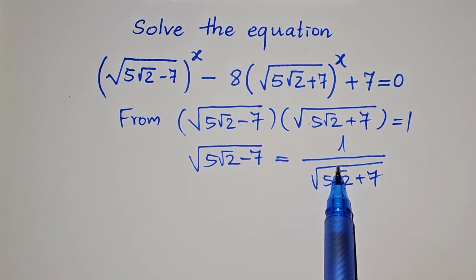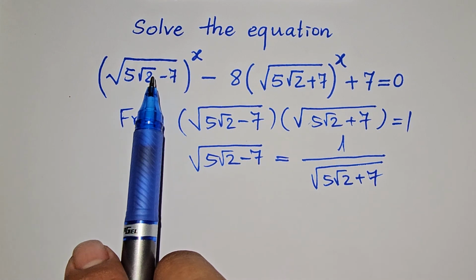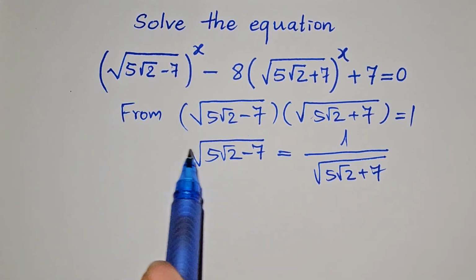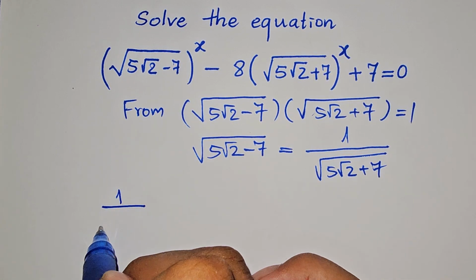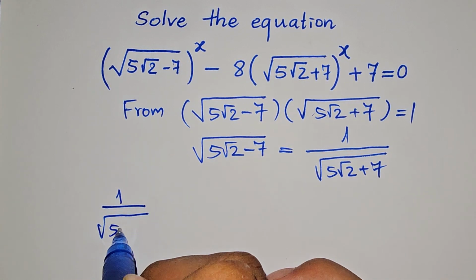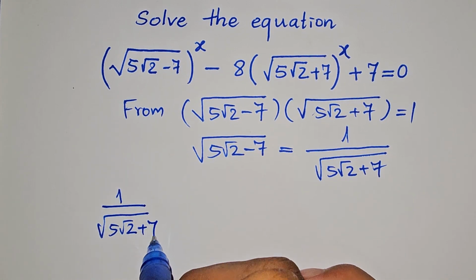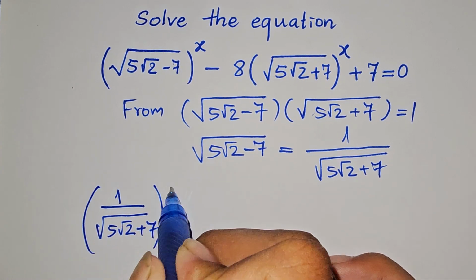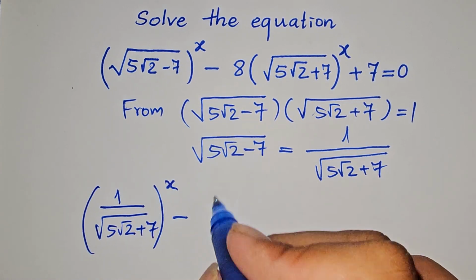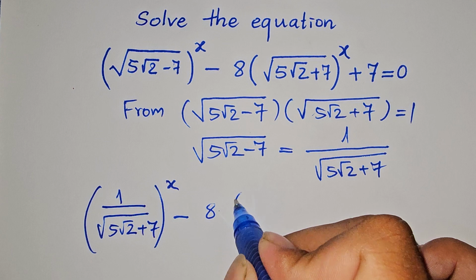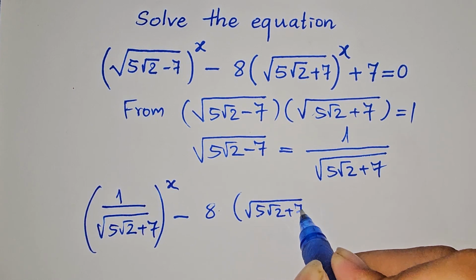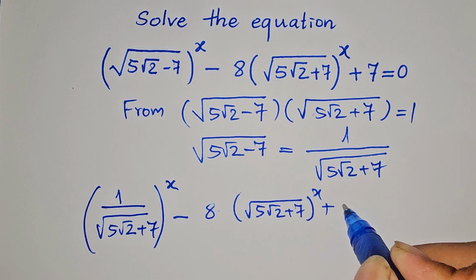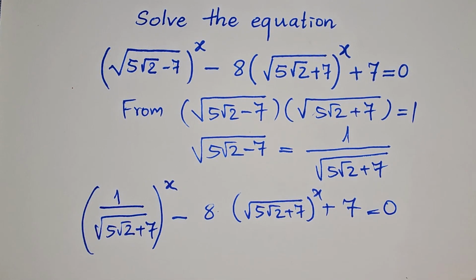So we take this to replace in our equation. So we get 1 divided by (√5·√2 + 1) to the power x, minus 8 times (√5·√2 + 1) to the power x, plus 1 equals 0.